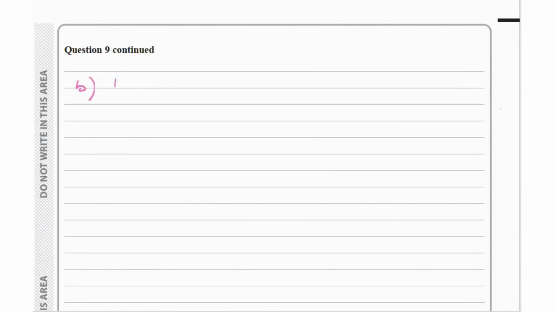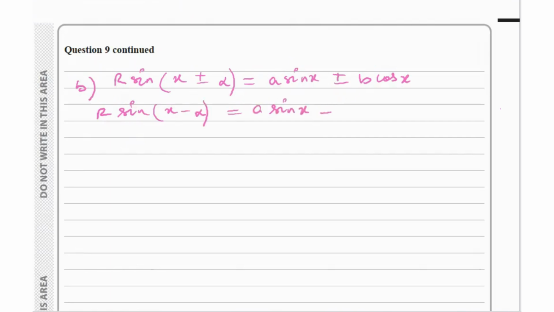where you know that r times sine of x plus minus alpha, alpha being the angle, equals a sine x plus minus b cos x. Since we have minus, r sine x minus alpha equals a sine x minus b cos x.